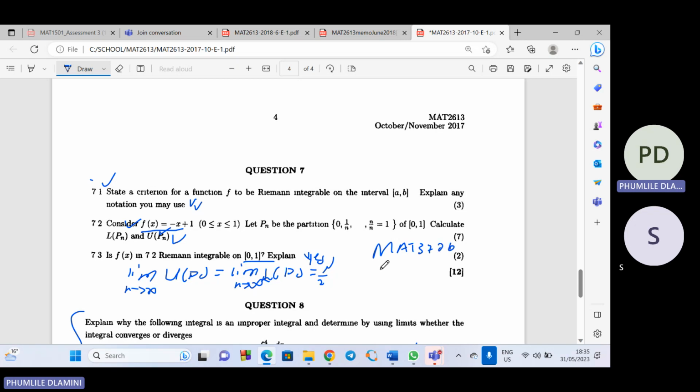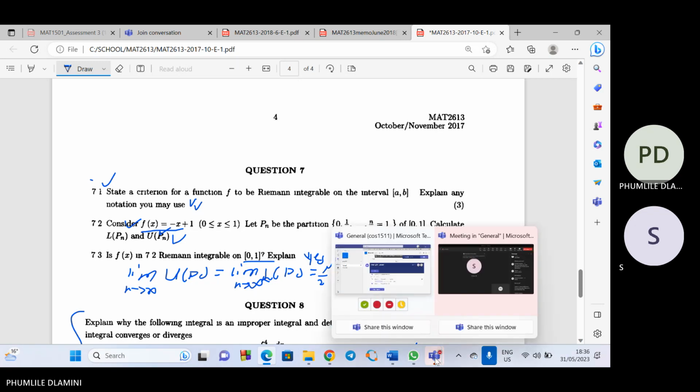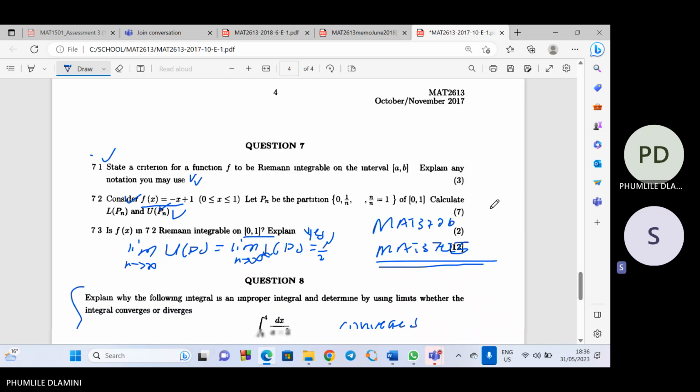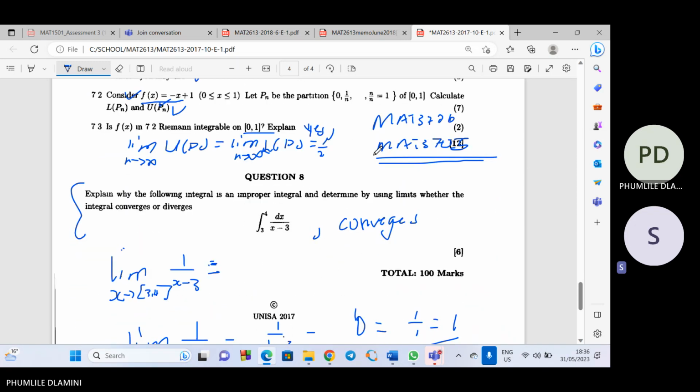Don't you also do MAT 3705? Complex analysis. I'm not sure. One of those modules I don't do. Oh, okay, no problem then. All right, then.